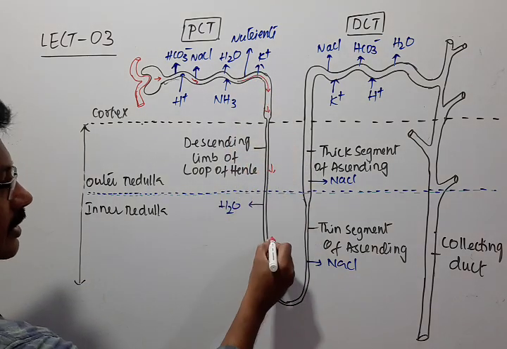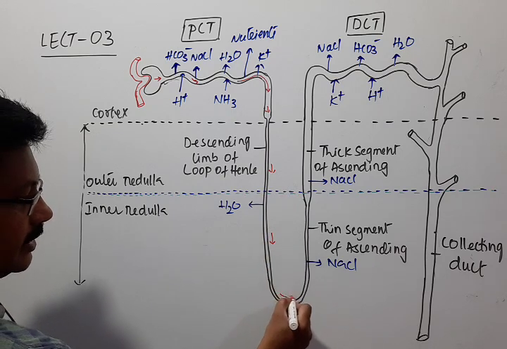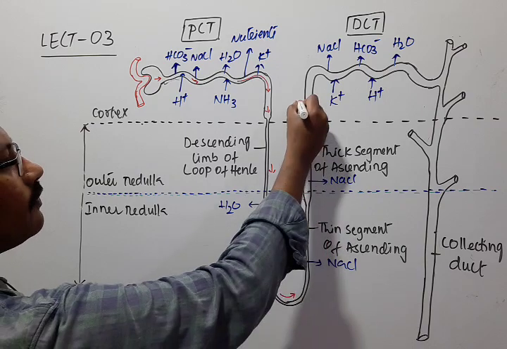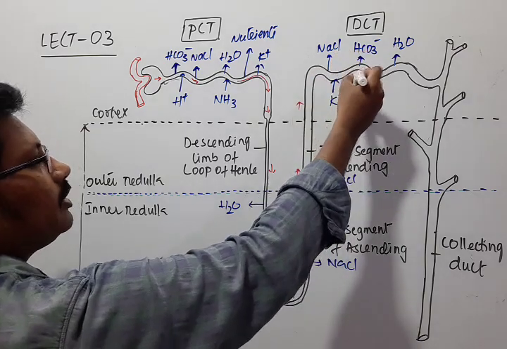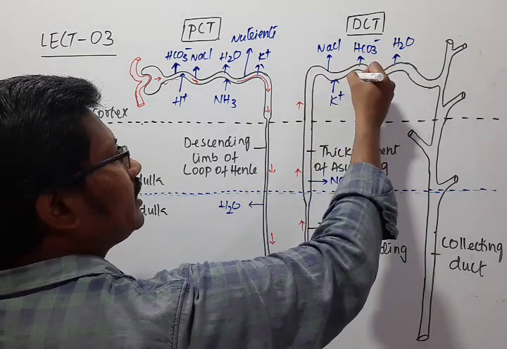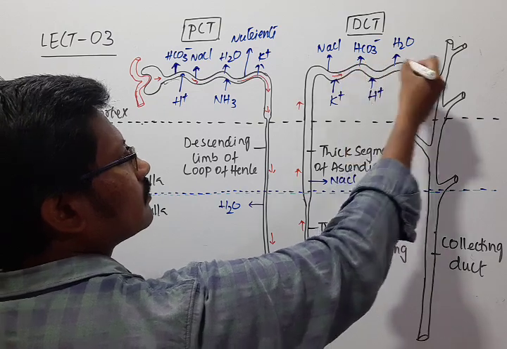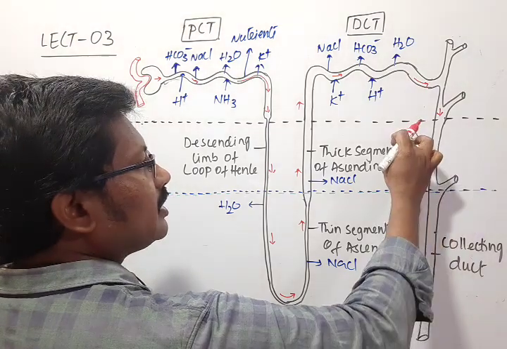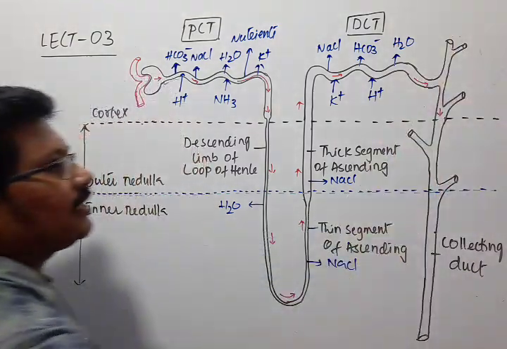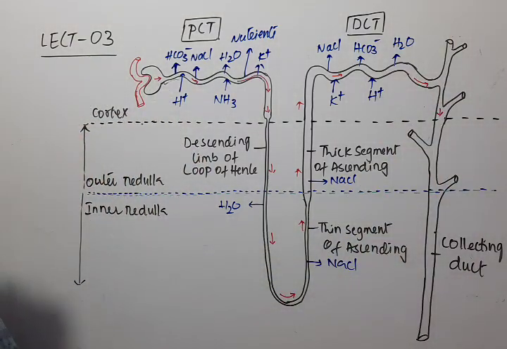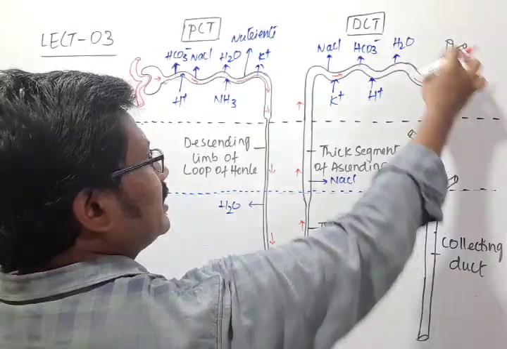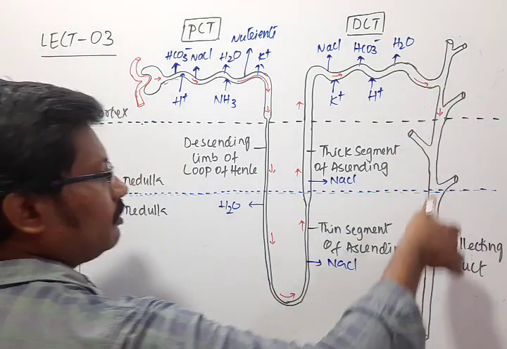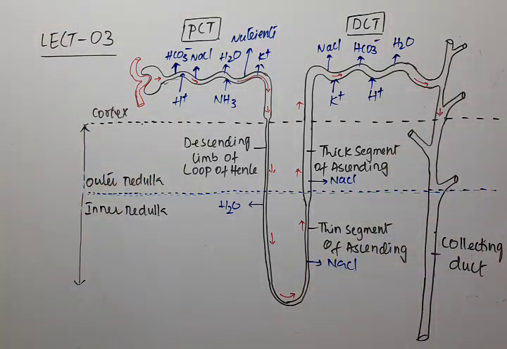So this indicates the flow of urine or the filtrate. So here these are all connected to other DCTs. So here you will see other DCTs connecting, which we have removed, showing only the collecting duct.